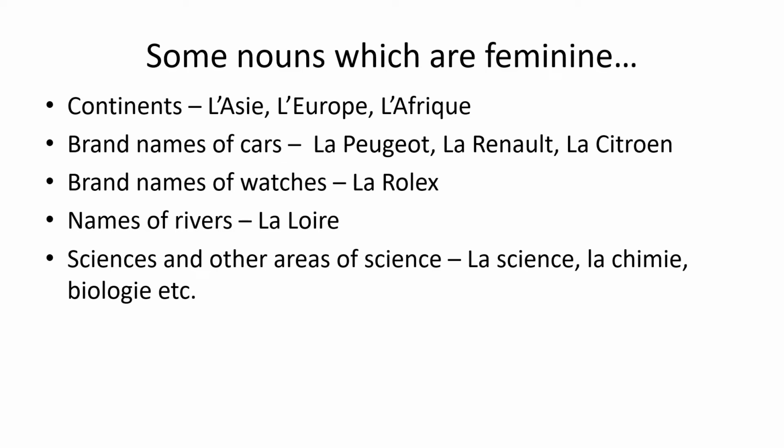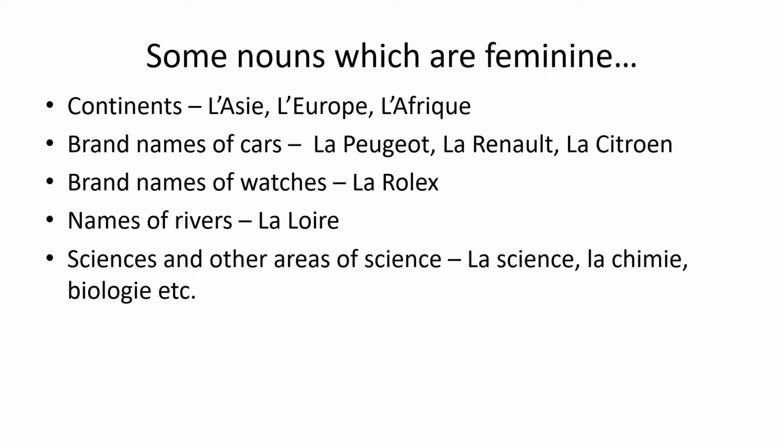And some examples which are feminine, so continents: l'Asie, l'Europe, l'Afrique, all the continents are feminine. Brand names of cars, la Peugeot, la Renault, la Citroën. Brand names of watches, and this is because the word for watch itself, une montre, which somebody told us when we were doing the live session of this, they helpfully looked up and found out for us.